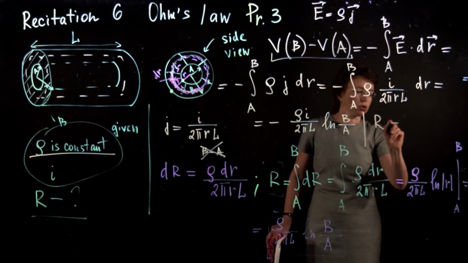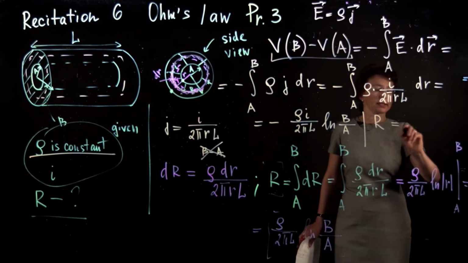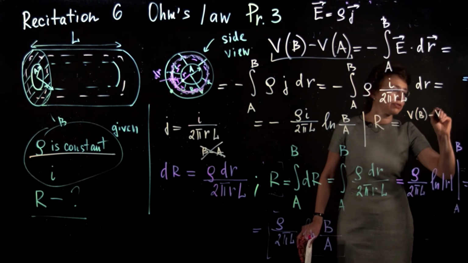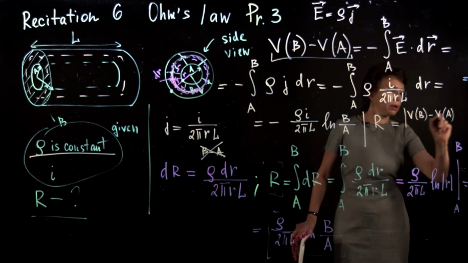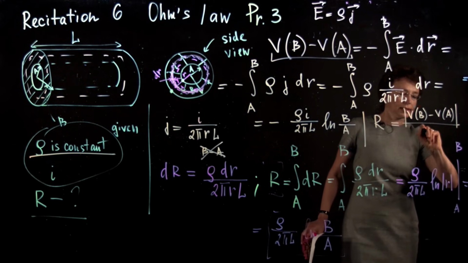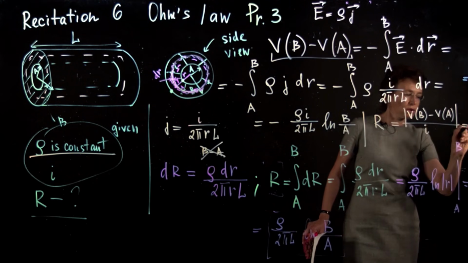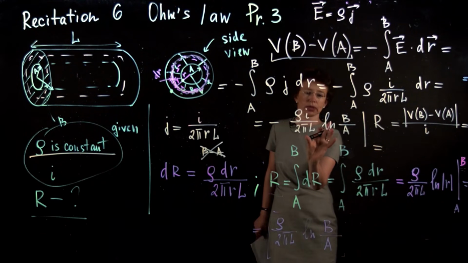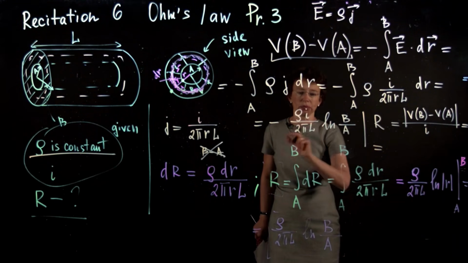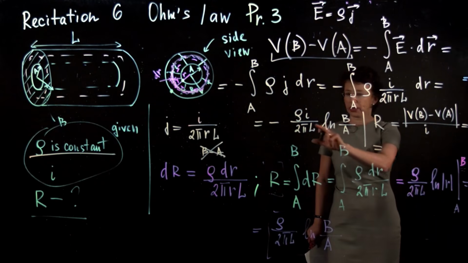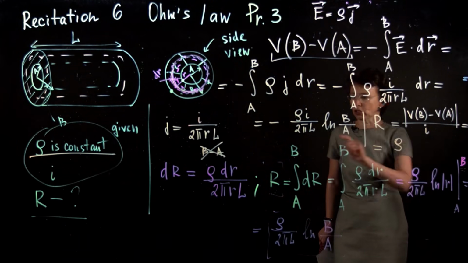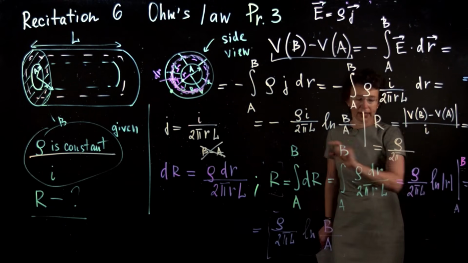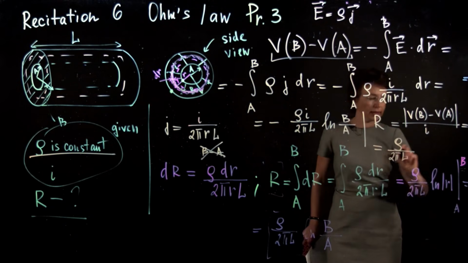According to Ohm's law, the resistance is delta V, V at B minus V at A, absolute value, divided by current. So V at B minus V at A, absolute value, is right here. I divide by current I, and my final answer will be rho divided by 2 pi L, and then the logarithmic function ln B over A.